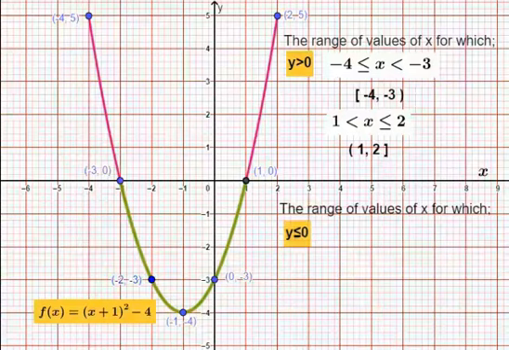If you are asked to find the range of values of x for which y is less than or equal to 0, this means that any of the points with y value being 0 or any negative number should be accepted.